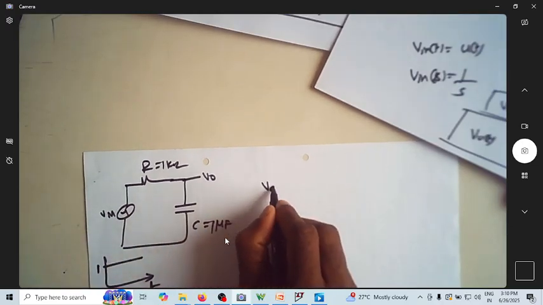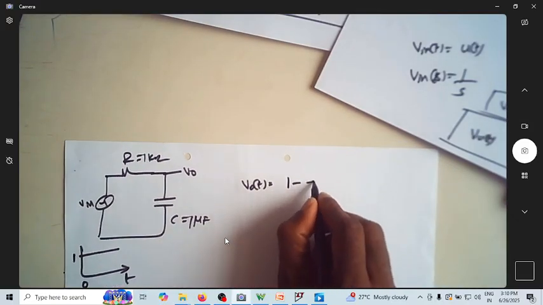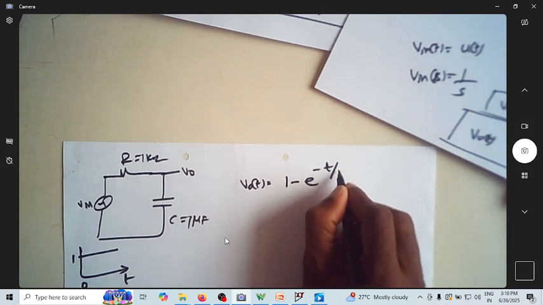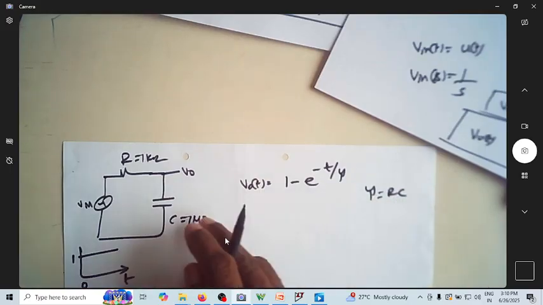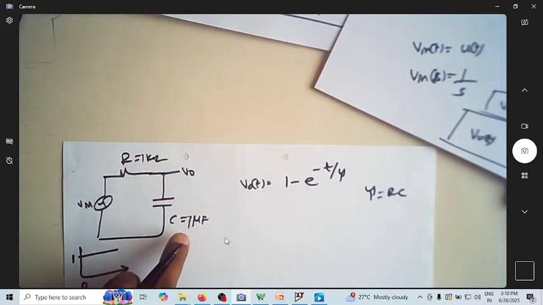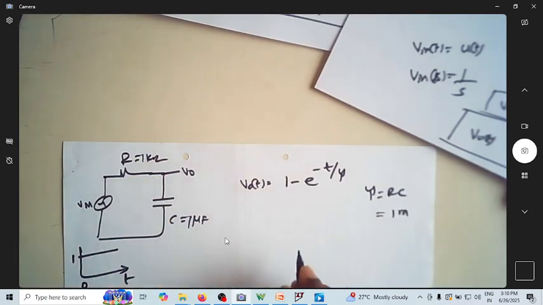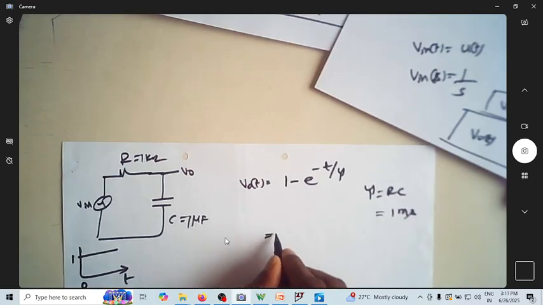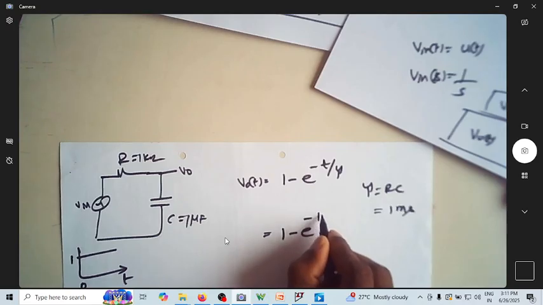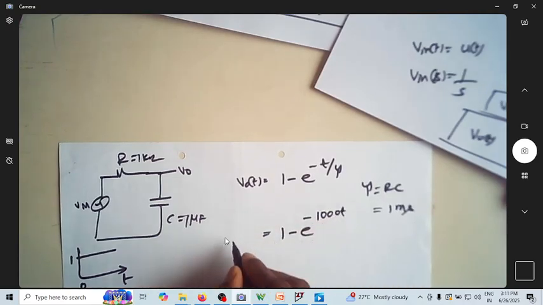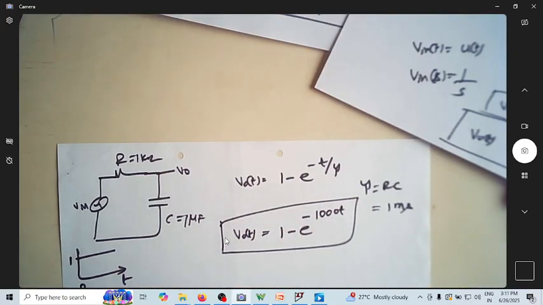So what is v naught of t? v naught of t is equal to 1 minus e power minus t by tau. What is tau? Tau is equal to R into C. With R equal to 1 kilo ohm and C equal to 1 microfarad, that will give me 1 millisecond. So now this becomes 1 minus e power minus 1000 t. So this is v naught of t. This is my expression.